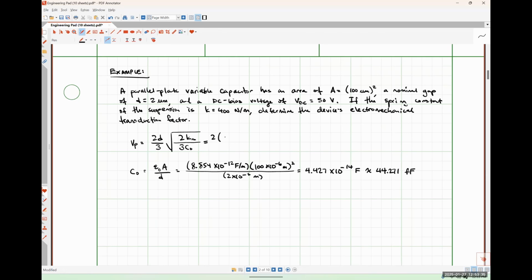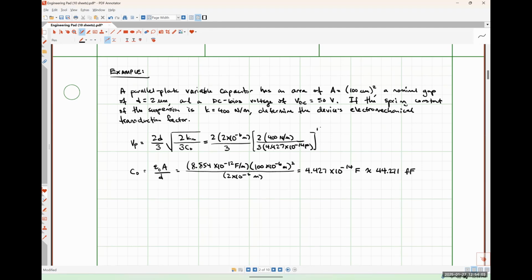I'm going to wind up having 2 times 10 to the minus 6 meters over 3, 2 times 400 newtons per meter over 3 times 4.427 times 10 to the minus 14 farads.